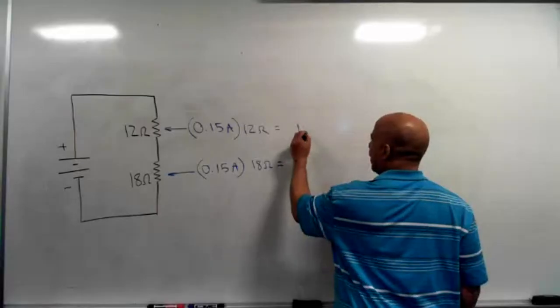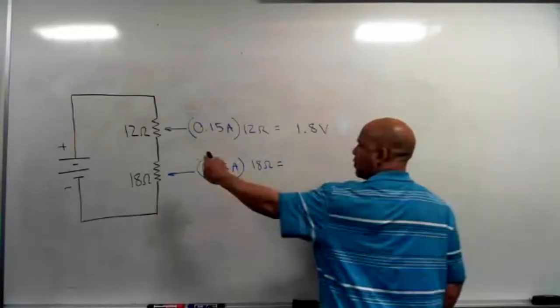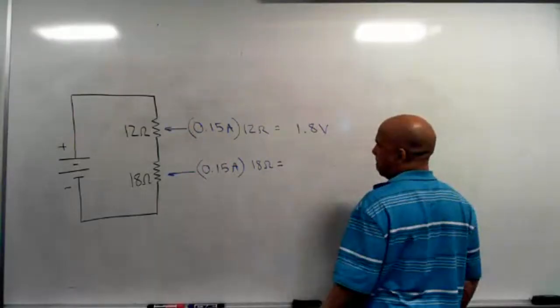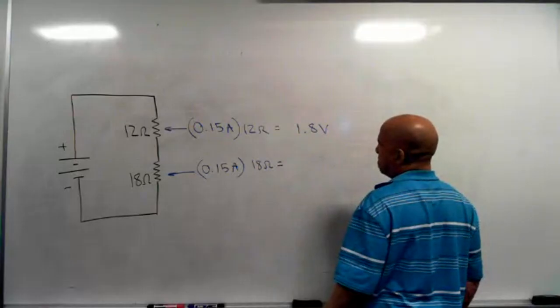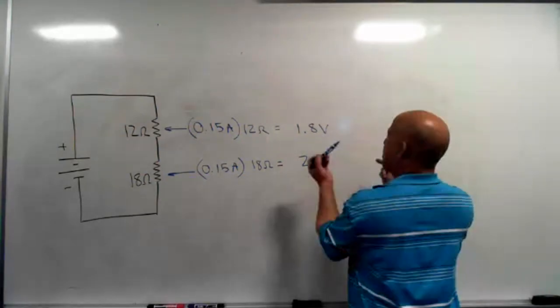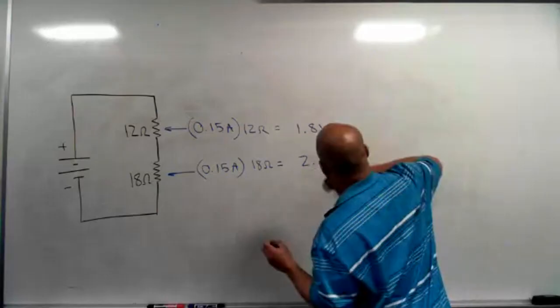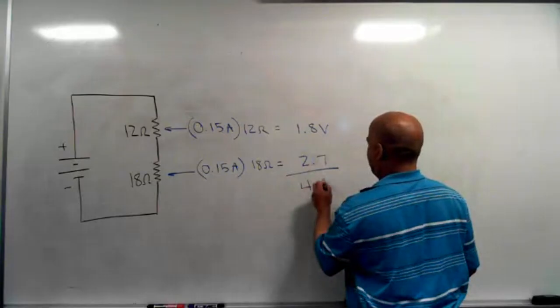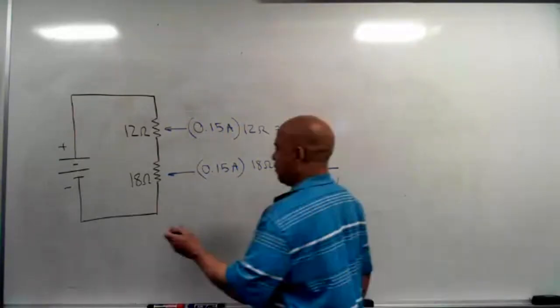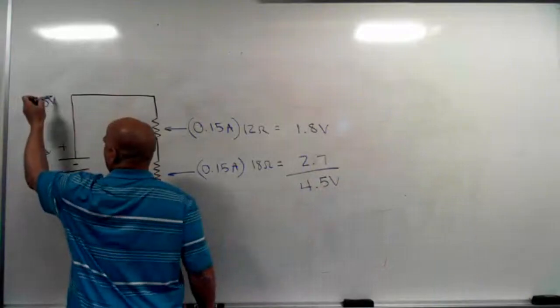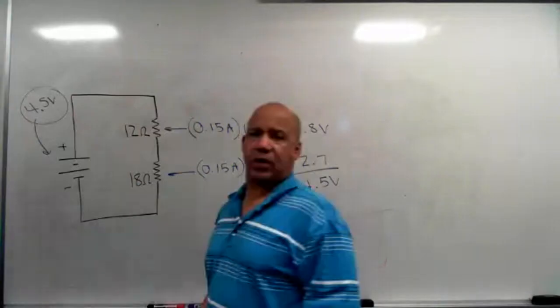This is 1.8 volts. So the voltage drop across the 12 ohm is 1.8. What about the 18 ohm? It's 2.7. I add that up, I get 4.5. So now, by Kirchhoff's voltage law, I know that the source voltage is 4.5 volts.